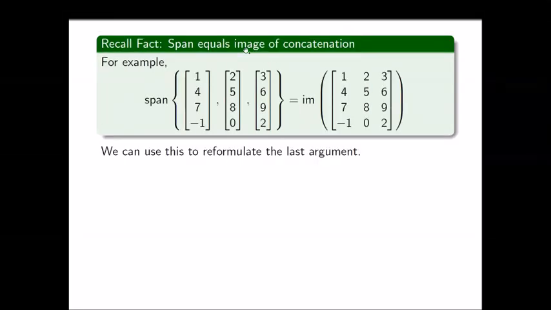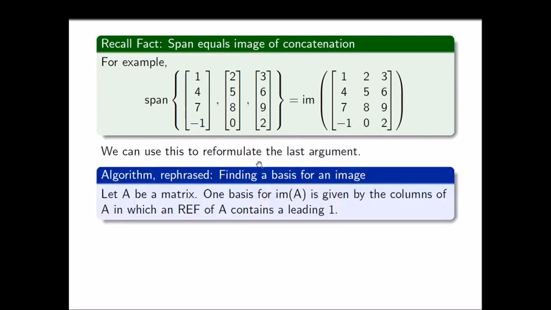Okay, so recall that the span of a given set of vectors is the same as the image space of the concatenation of those vectors. So we can use this fact to reformulate the last argument. In other words, if we have a matrix A, one basis for the image space of A is just given by the columns of A in which an REF of A contains a leading one.